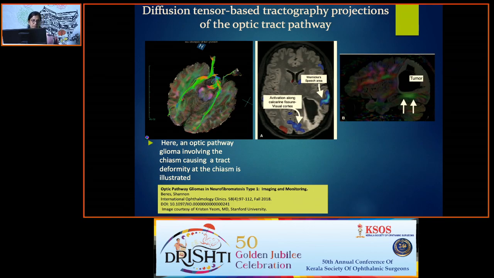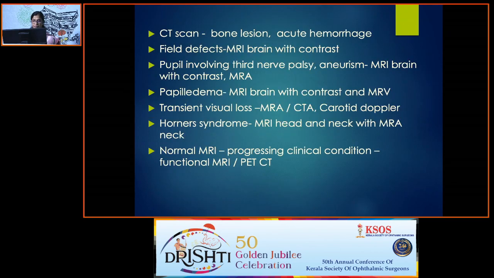This is a newer method where we can track and map the normal visual pathway, and we can even map important areas. It is very useful in the surgical management, stereotactic radiosurgery. You can avoid injuring vital structures like the optic radiation, speech areas, or visual pathway.